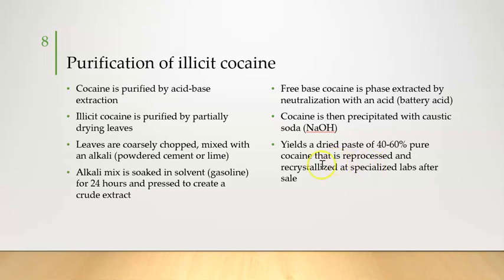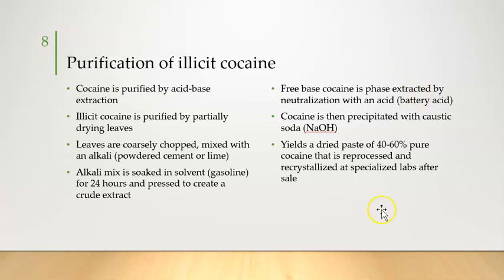Now that processed cocaine is reprocessed and recrystallized at specialized labs after sale. But during the process, we only get 40 to 60% pure cocaine. And after that, more steps are needed if you want even more pure cocaine.